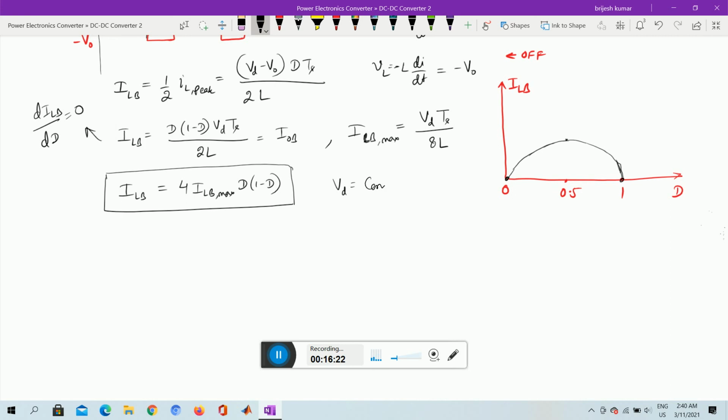This is assumed to be a constant that we are giving through a constant voltage source. This is the assumption, right? So with this assumption we are getting this value of ILB.